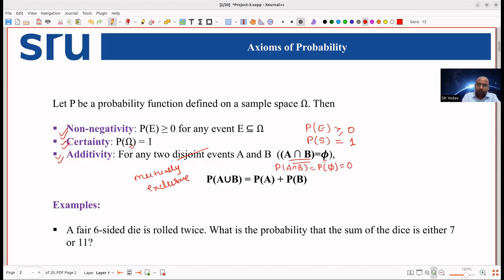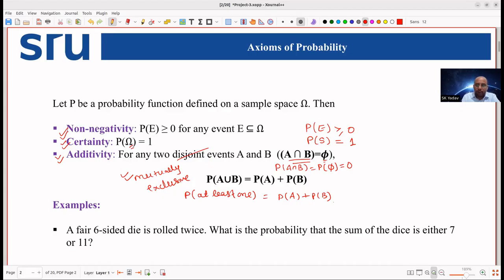If events are mutually exclusive, then the probability of getting A union B, or at least one, is equal to probability of A plus probability of B. This is called additivity in the case of mutually exclusive events.